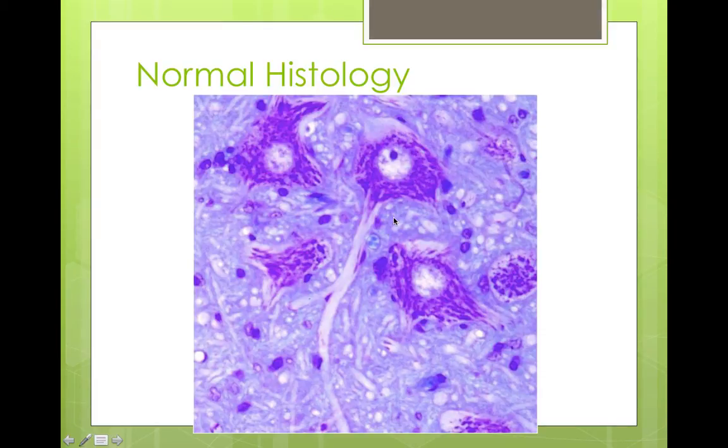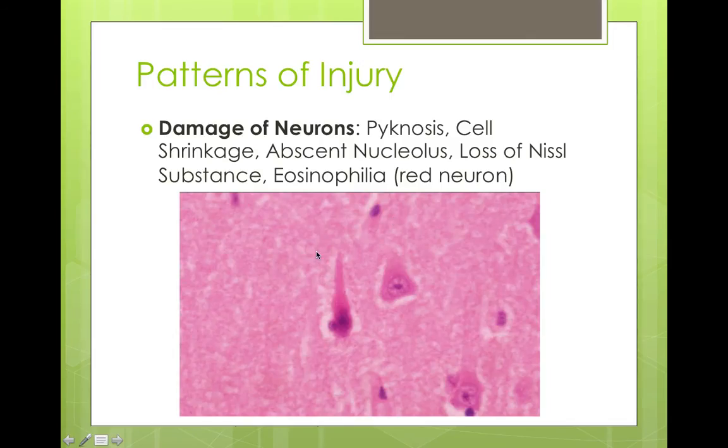So now let's look at how damaged CNS tissue looks. One of the main things you have to remember is how damaged neurons look. Pycnosis, all of those are signs of that. Pycnosis is the shrinkage of the nucleus. This is a damaged neuron here.